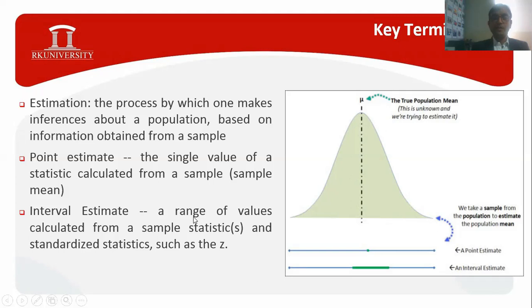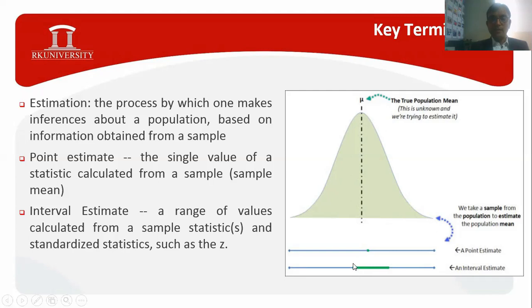So an interval estimate is a range of values calculated from a sample statistic and standardized statistics such as Z. As you can see here, we are trying to estimate the population mean, that is mu. Here we take one point as the point estimate, x bar, and the interval estimate has a lower limit and upper limit, that is plus or minus 5% or plus or minus 10%.